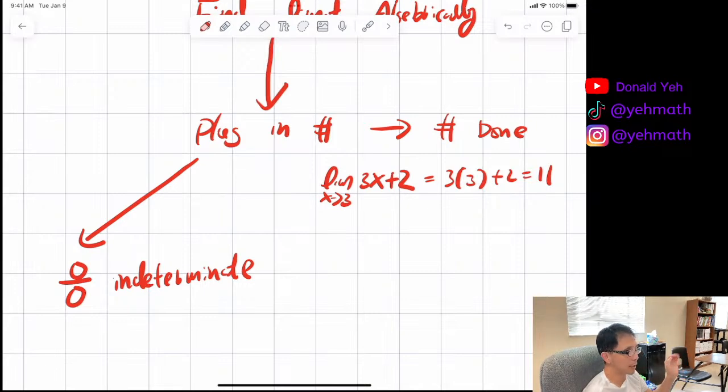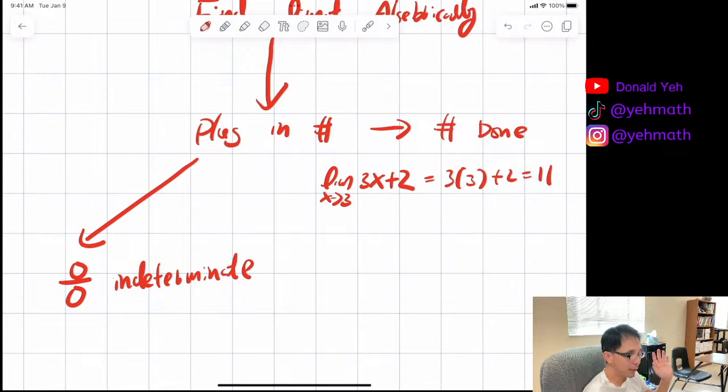There is infinity minus infinity. Okay. 0 over 0, indeterminate.